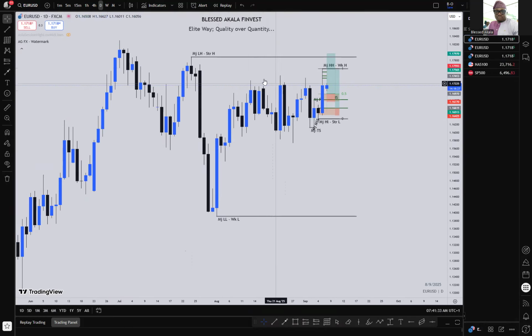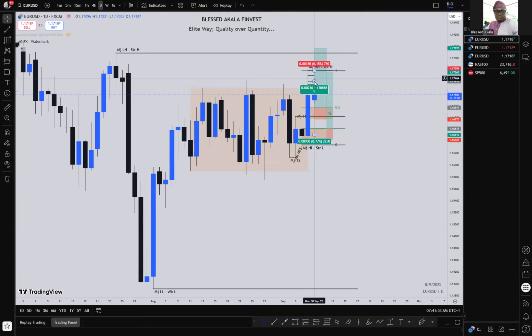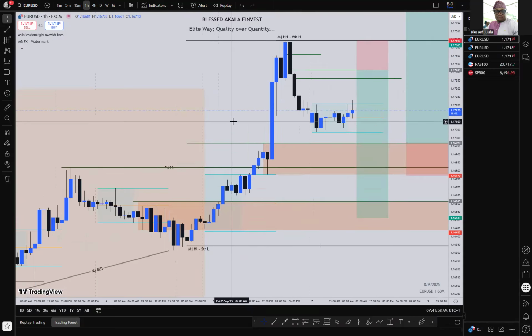But nonetheless, until it happens, because the kind of price action we've been having here is a very big consolidation. As you can see, price is not even closing above the consolidation level. So until we have that closure, but today being Monday, we're anticipating price to move into this high when London opens, but it can happen at any time.